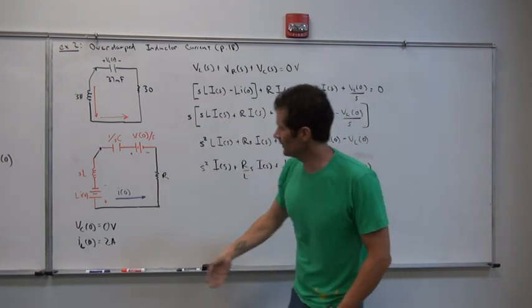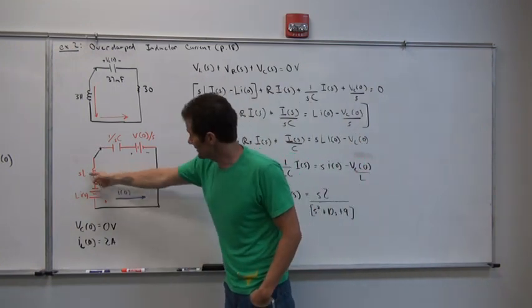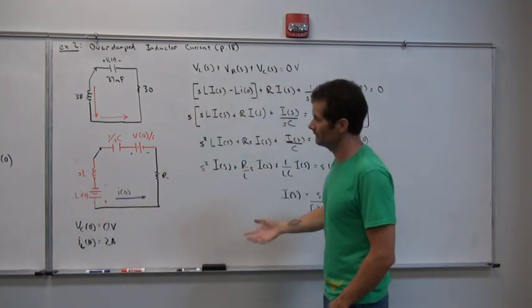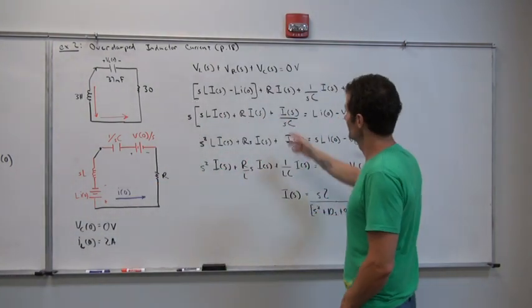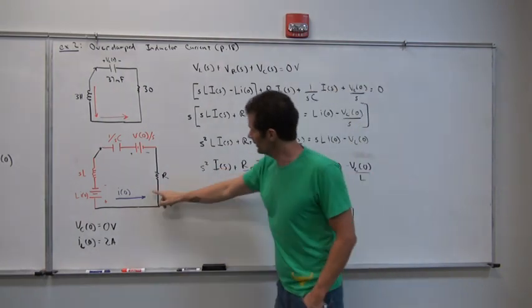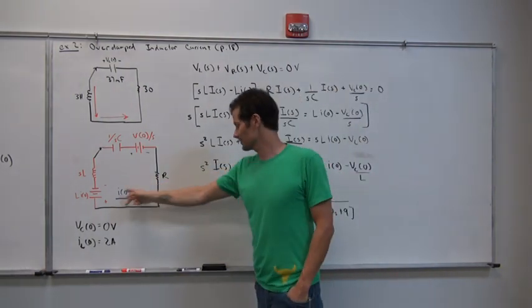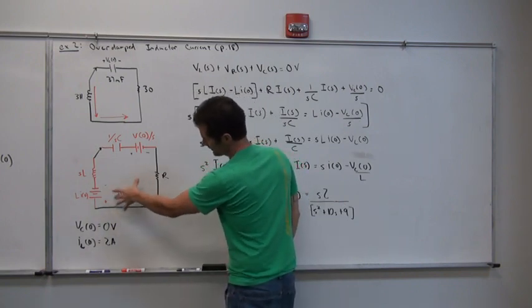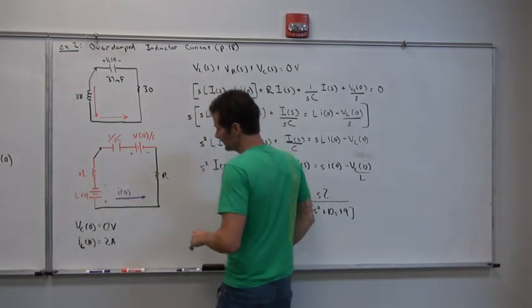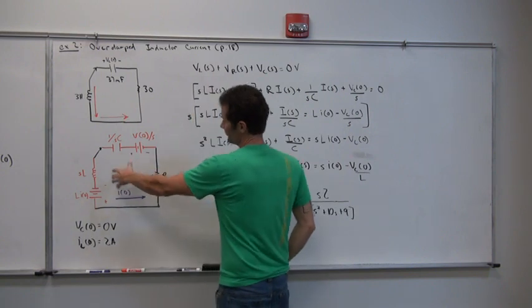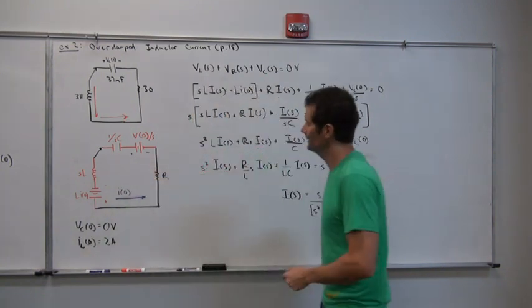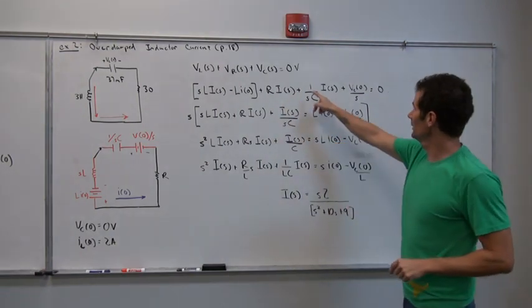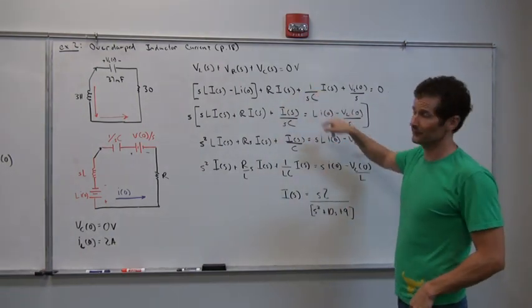But we're still going around the closed loop here. SL times I of S, and then here we basically subtract off L times I naught for that voltage. Plus R times I of S, sure enough. Even though I just had I naught right here, we can use that to show the initial direction, but we're still utilizing that direction for I of S as well. And R times I of S, and then plus I of S times 1 over SC.